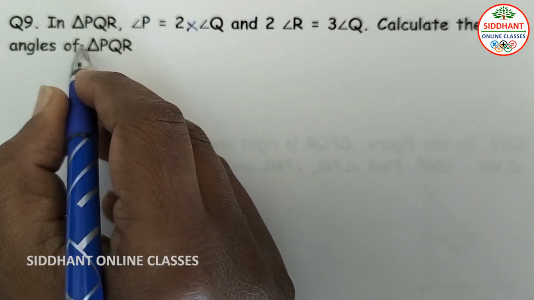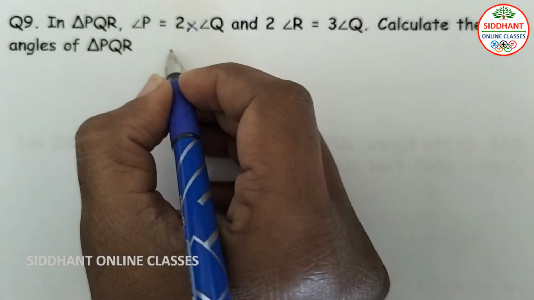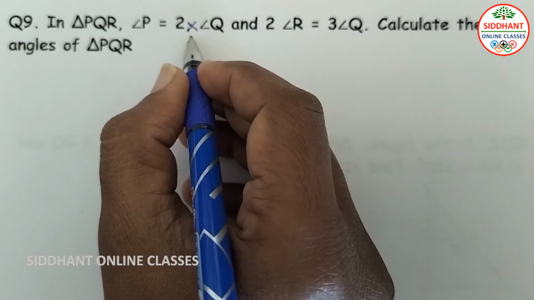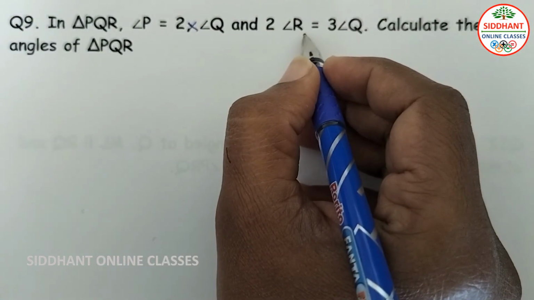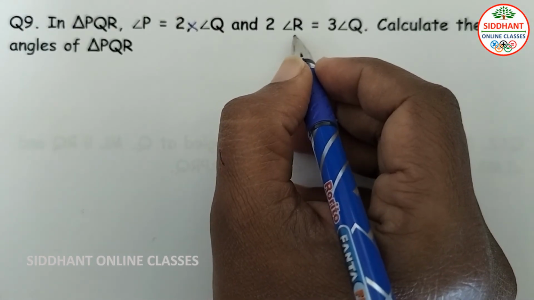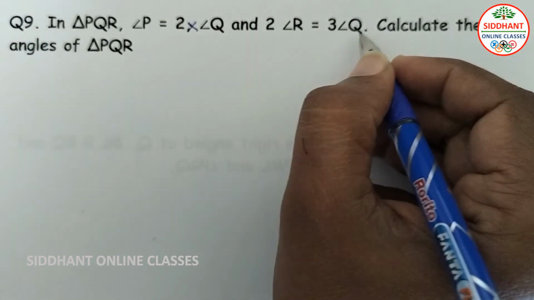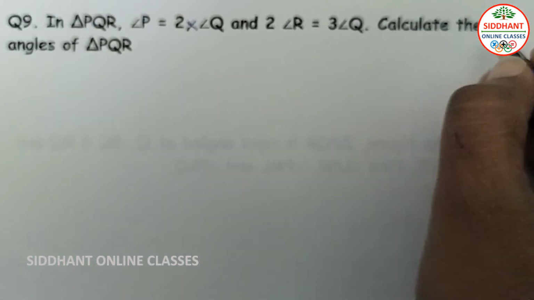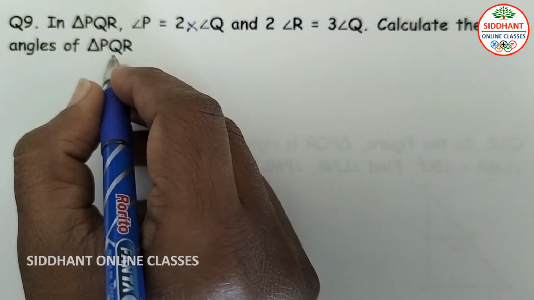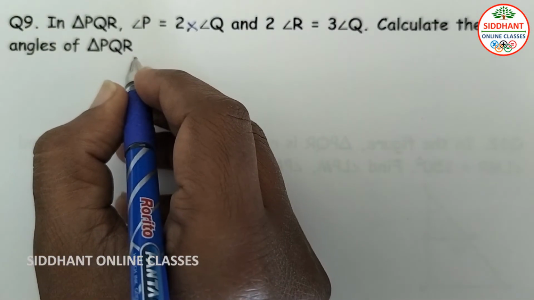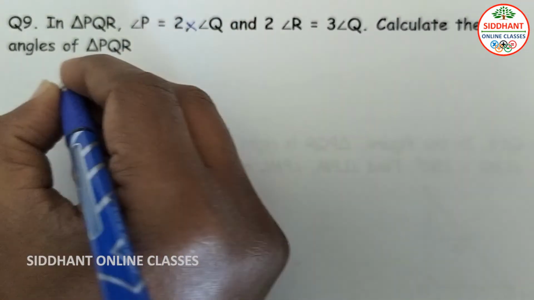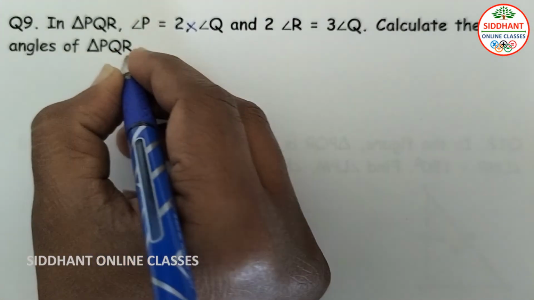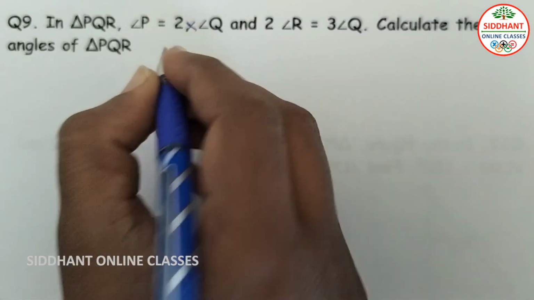Question number 9. In triangle PQR, angle P is equal to 2 times angle Q, and 2 times angle R is equal to 3 times angle Q. Calculate the angles of triangle PQR here. So here we know that in a triangle the sum of angles is equal to 180 degrees.